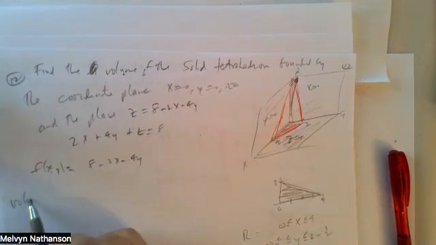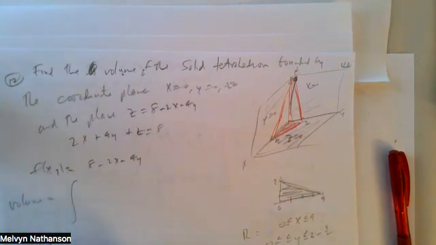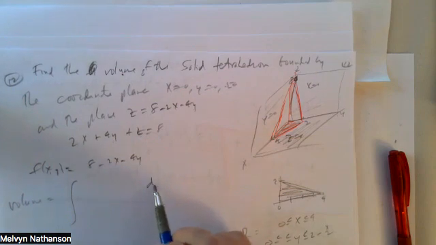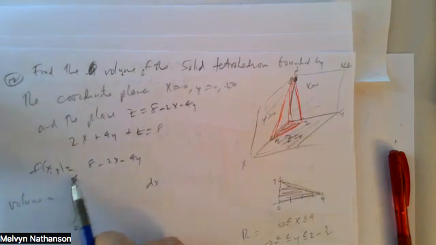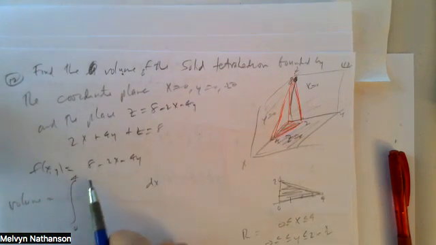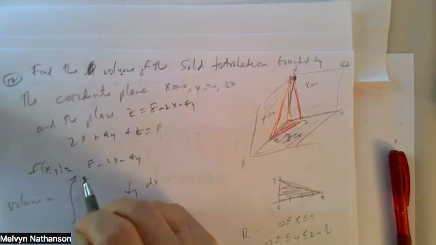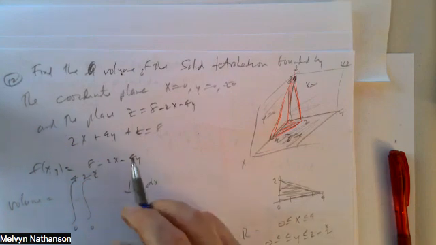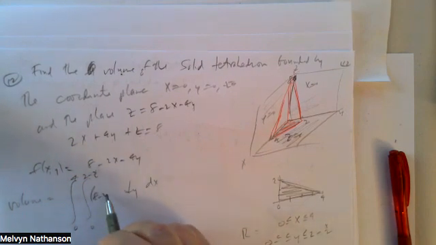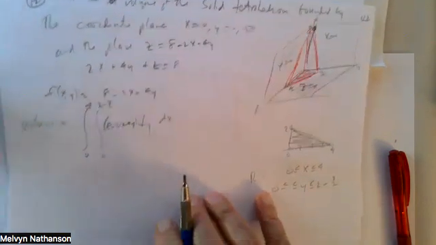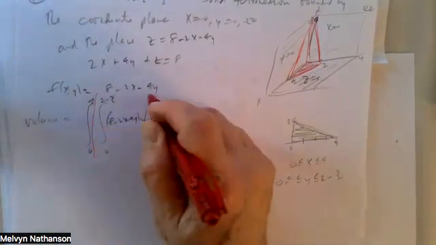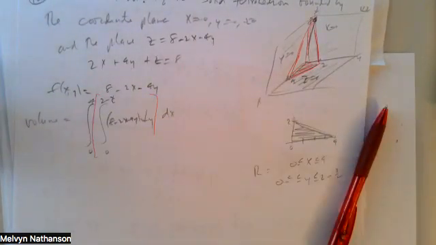So the volume is going to be the integral with respect to x from 0 to 4, the integral with respect to y from 0 to 2 minus x over 2, of my function 8 minus 2x minus 4y. Let me compute first my inside integral.